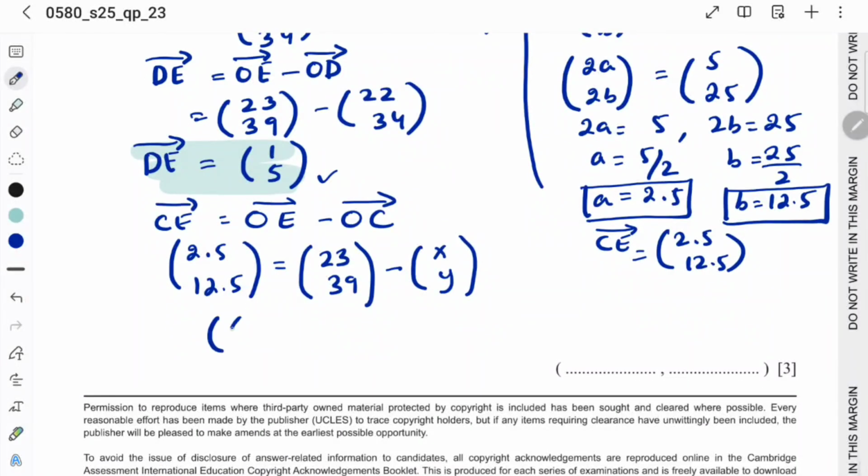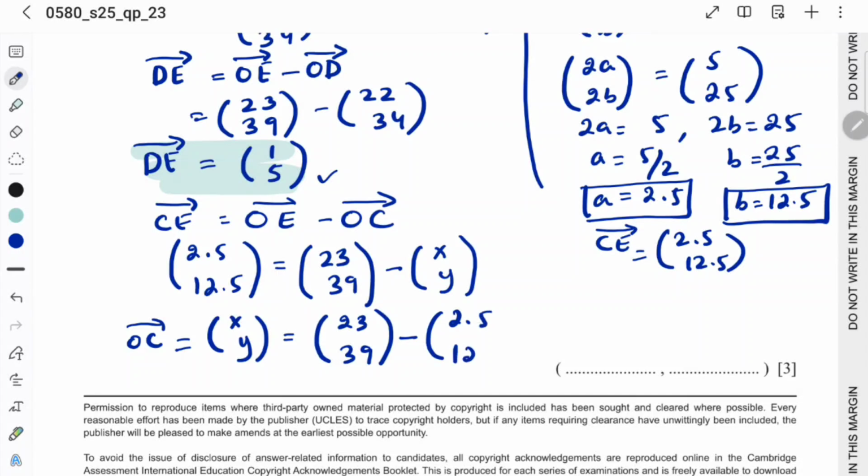So (x, y), which is your OC, is equal to (23, 39) minus (2.5, 12.5). What did you do here? You are just writing that this is positive and this one will become negative.